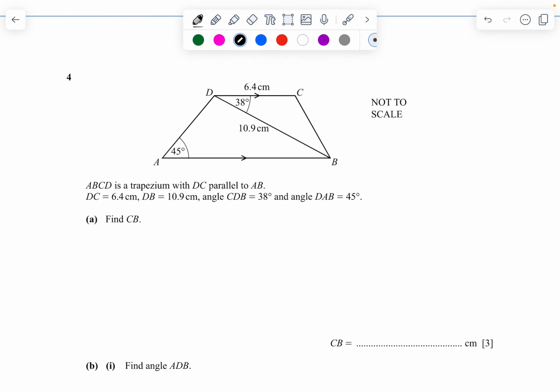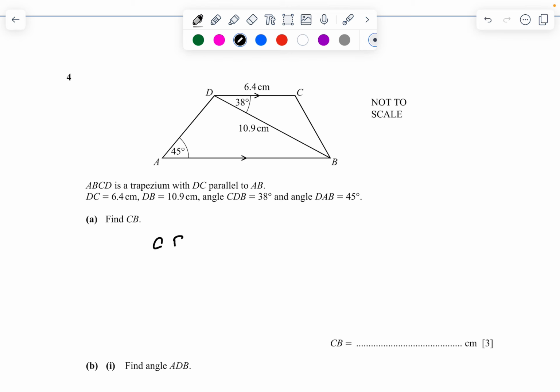Next, question number 4. ABCD is a trapezium where DC is parallel to AB. DC is 6.4, BD is 10.9, angle CDB is 38, angle DAB is 45. Find CB.